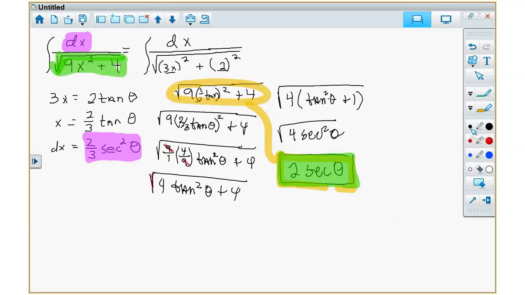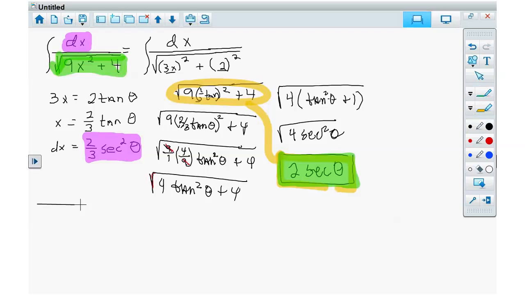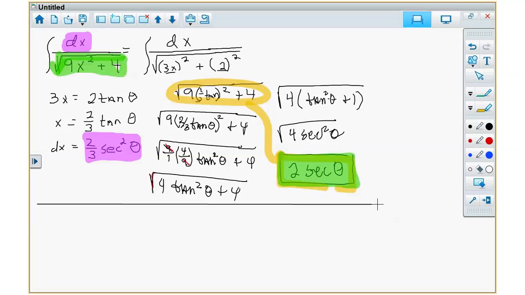Okay, so I'm going to take my handy dandy straight line maker, and I'm going to put a line right there. And now we're going to plug and chug. That's all I'm going to do is plug in my values, and that's going to give me the antiderivative.